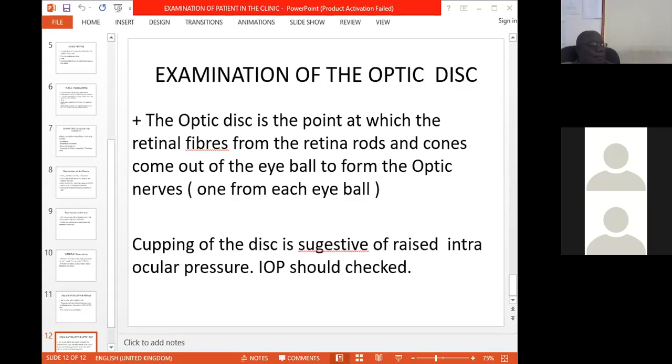What do you mean when you say capping of the disc? It's like a cap at the disc. It is protruding outward because of the pressure within the eyeball.